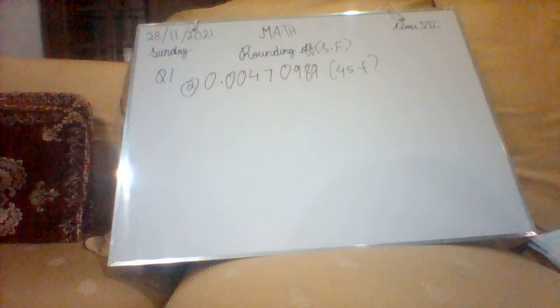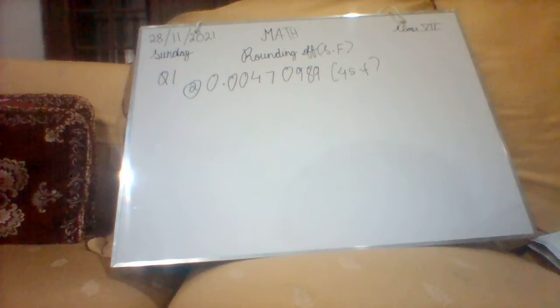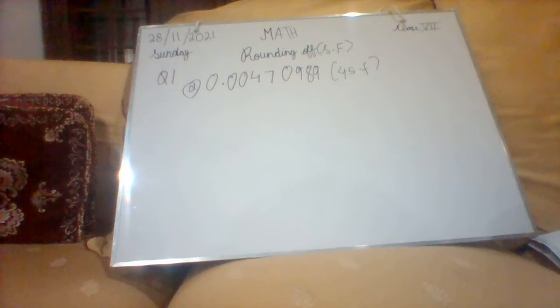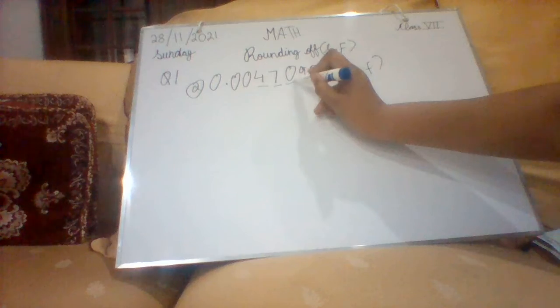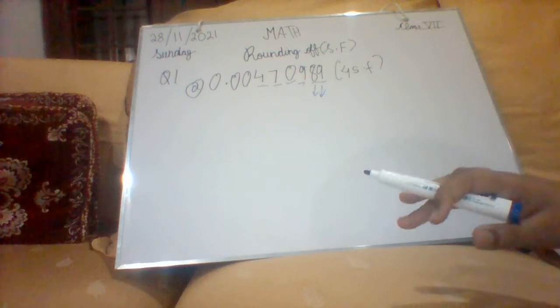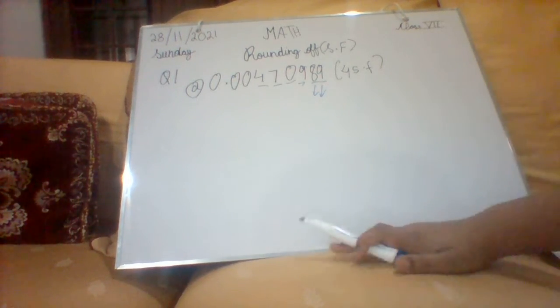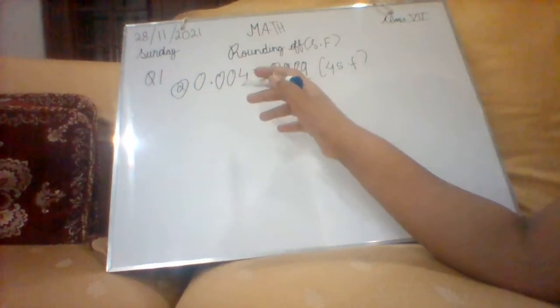I told you we start from the first significant digit, counting as many as asked. Here it is significant from 4 onwards. 0.00 is not significant, because these are leading zeros. So we want 4709 and we don't want 89. We have to drop both of these.